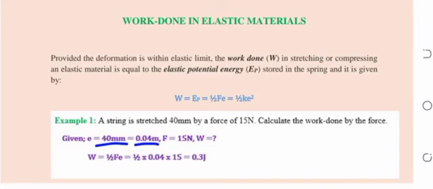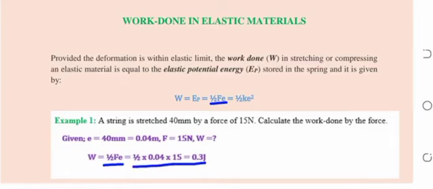The force causing the extension is 15 Newton. So to find the work done, we can use half Fe, the first equation that we were given here. Substituting all the parameters, we have 1 over 2 multiplied by 0.04 multiplied by 15, which is equal to 0.3 joule, as we can see here.